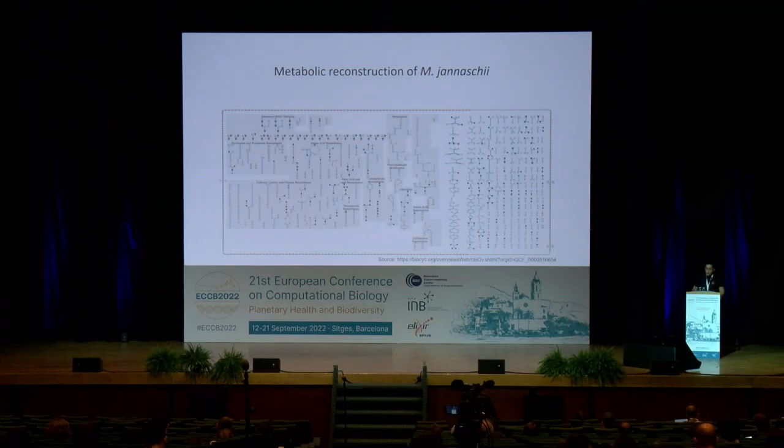So we have here a metabolic map of Methanocaldococcus jannaschii. We can see compounds and reactions in pathways, and on the right-hand side, we can see compounds and reactions not included in any pathway. So the question is, why do we want to annotate the metabolic map of jannaschii?